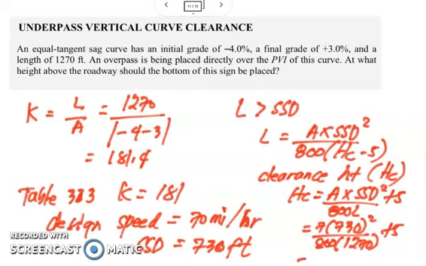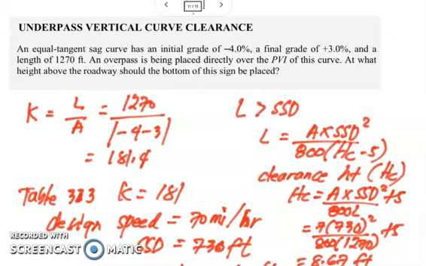This will give us 8.67 feet. However, according to AASHTO, the minimum clearance height is 14.5 feet. That should be constructed from the bottom of the overpass to above the roadway, so the clearance height should be placed at least 14.5 feet above the roadway.